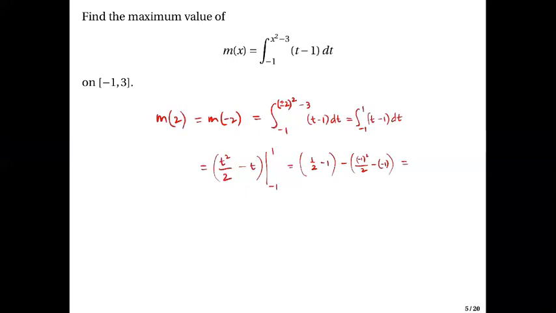If we simplify, we have negative 1/2, minus 1/2 plus 1, so we'll get negative 1.